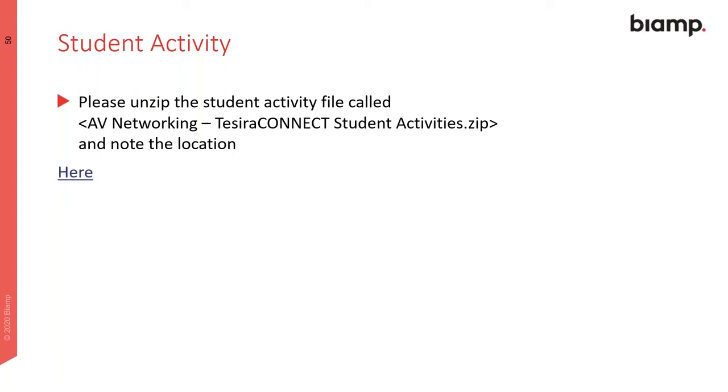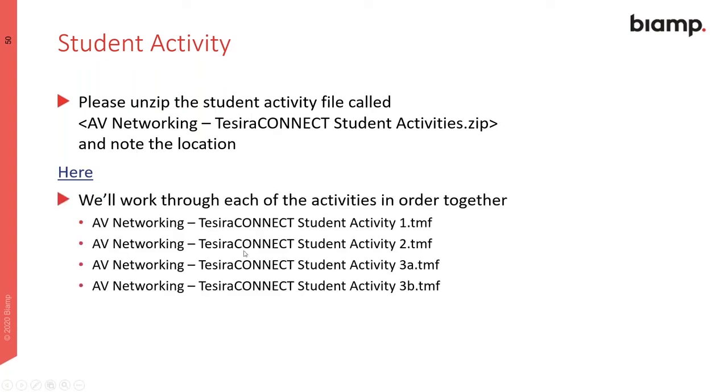And please, once you do it, just raise your hand. Just click into this link. It will download a file. You will find a bunch of files like these: student activity 1 and 2 and 3A and 3B.